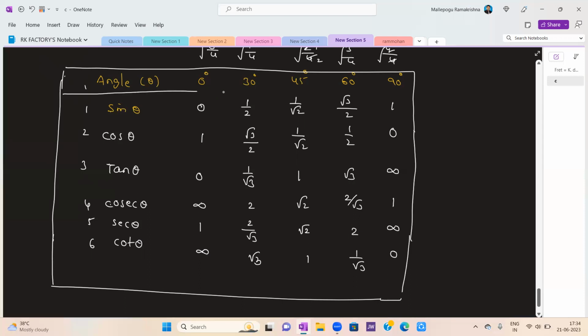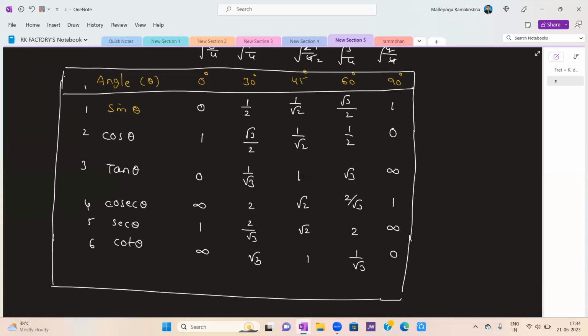But whatever we need for physics, these values we have to remember, especially in sound waves and wherever waves come, be it mechanical waves or electromagnetic waves, harmonic motion and simple harmonic motion, SHM, and rotational motion.